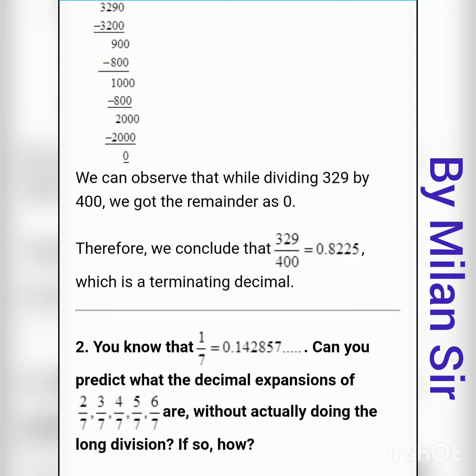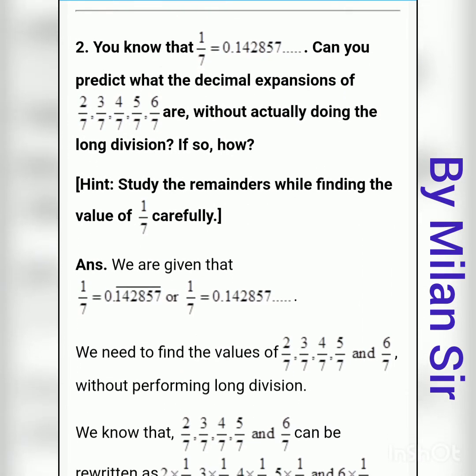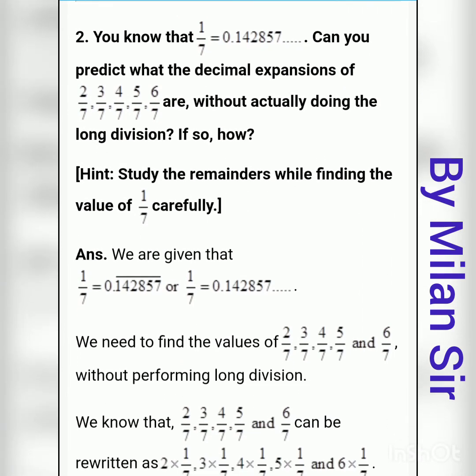Now next is question number 2. First of all, read this question. You know that 1 by 7 is equal to 0.142857 and continue.